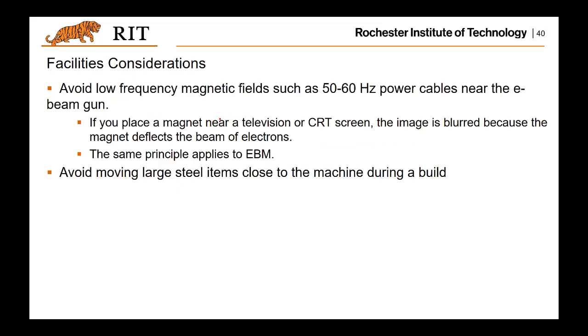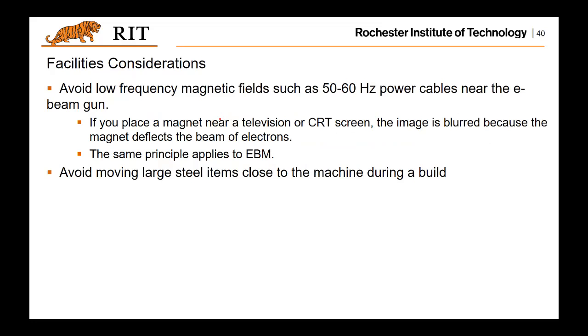I think there are also some other considerations if you want to install an EBM machine in your facility, because this EBM process utilizes an electron beam, and it is controlled by a magnetic field.